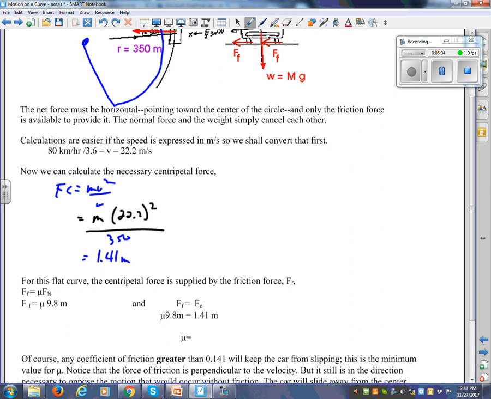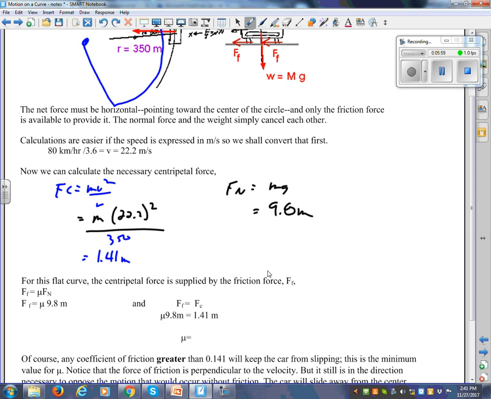So we got 1.41 m. Now, the normal force is going to be mass times gravity, which again we don't have. So it's 9.8 times m. For this flat curve, the centripetal force is applied by the friction force, and friction force is Ff.